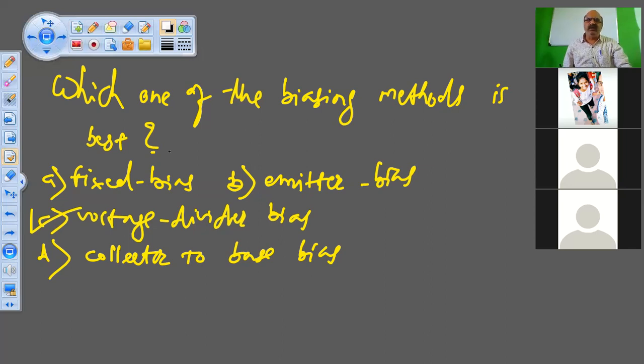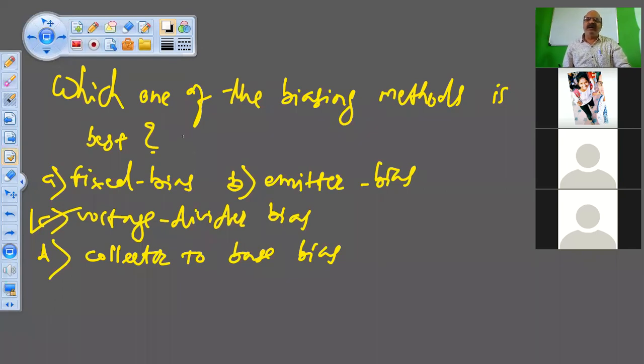Because the stability factor is much reduced as compared to the stability factor for emitter bias method and fixed bias method. For fixed bias method, the stability factor is very high. It is greater than beta of a transistor. Beta means current gain of the transistor. So if your current gain is 100, then your stability factor is 101, beta plus 1.